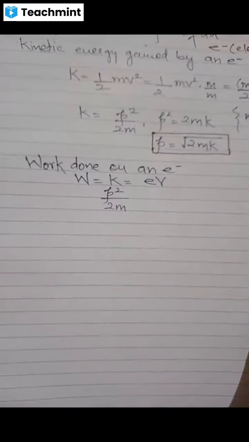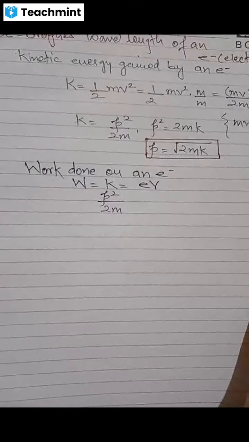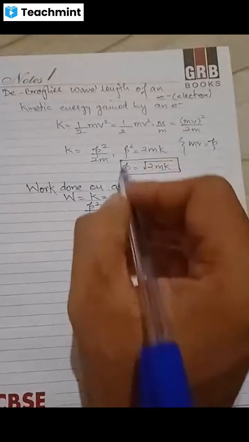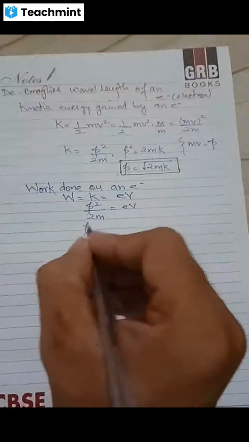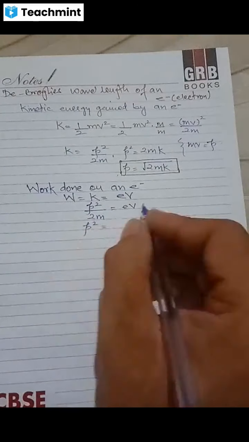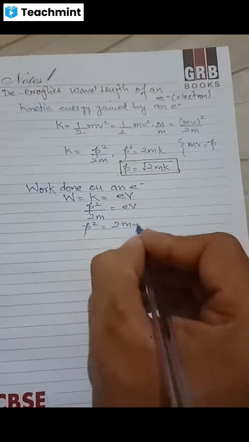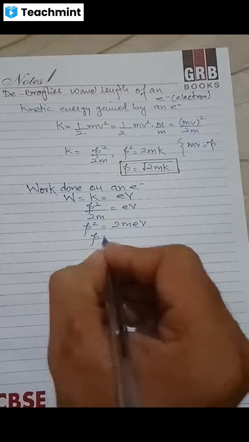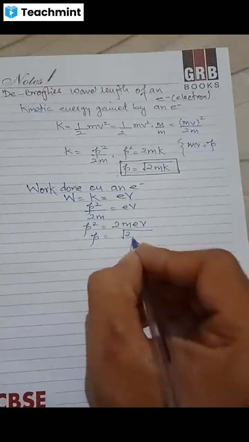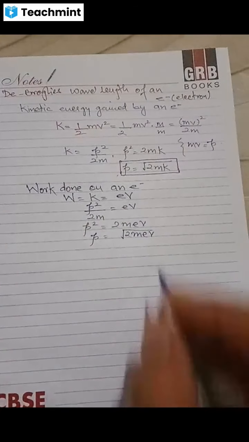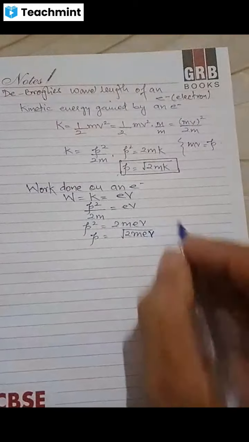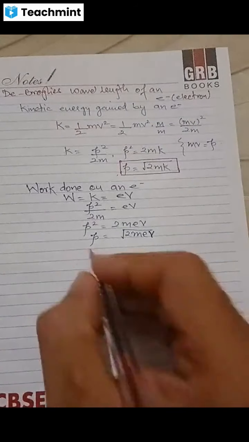And here I am writing it is equal to eV. Now, let us cross multiply it. So p is equal to under root 2meV. Here m is the mass of electron, e is the charge of an electron, and V is the potential difference.